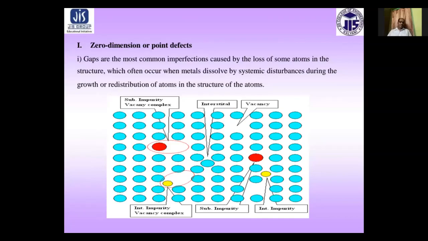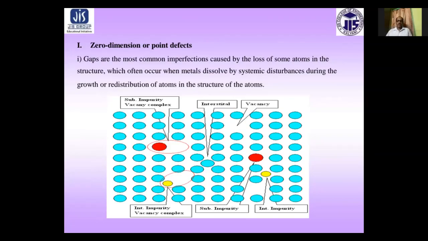If the matrix atom occupies its own interstitial site, the defect is called a self-interstitial.